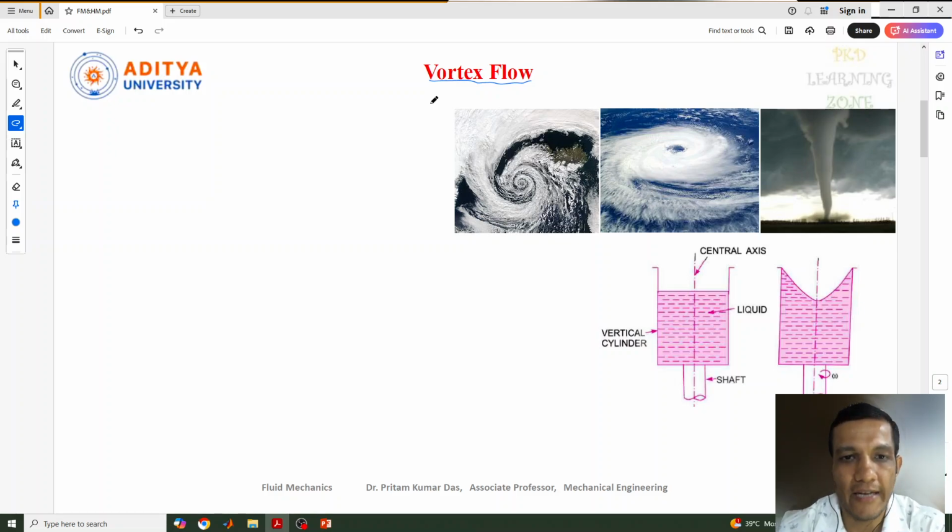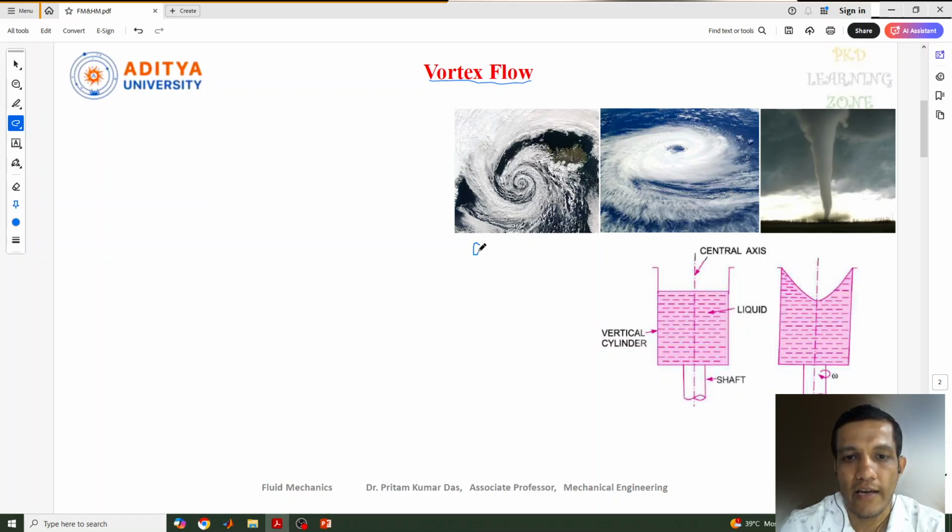Let me tell you again: it is defined as the flow of a fluid along a curved path, or the flow of a rotating mass of fluid is known as vortex flow. This vortex flow is found in many cases in nature. If you take examples of cyclones, this is a picture I have taken from the net.